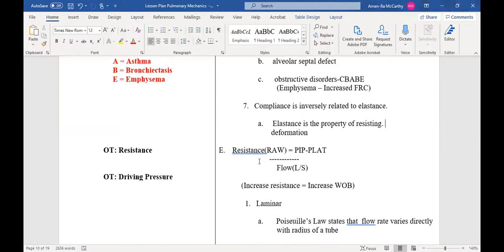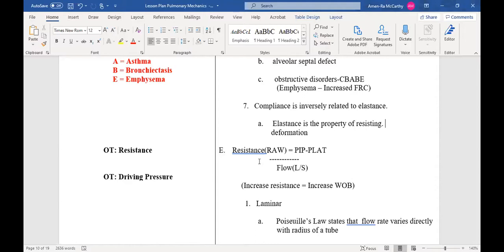The faster you push flow through a tube, the more resistance is going to build up because the more turbulent it's going to become. The faster the air moves through the airway, the more turbulent it becomes, thus increasing the resistance. And this is the formula, so put that on your formulas page.